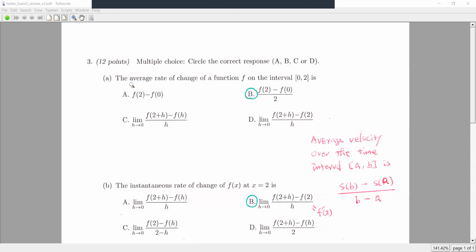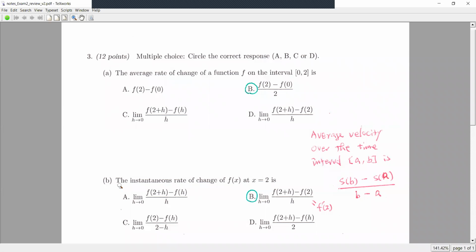Similarly, the average rate of change of a function on an interval is the function value at the right endpoint 2 minus the function value at the left endpoint 0, over right endpoint minus left endpoint, 2 minus 0. Therefore, B is the correct answer.